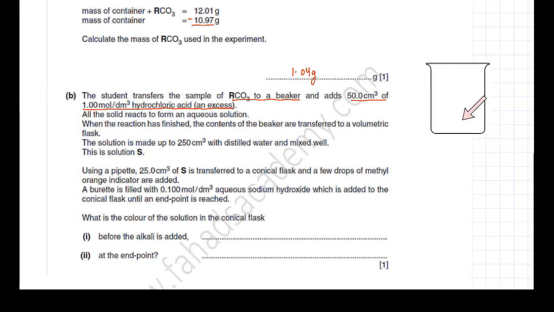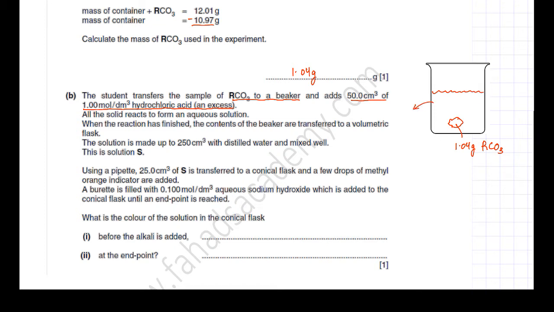So here is my beaker, and let's put 1.04 grams of this carbonate. So you have 1.04 grams of RCO3, and I'm adding 50 cm cube of 1 mole per decimeter cube hydrochloric acid, so that's being dissolved in hydrochloric acid.